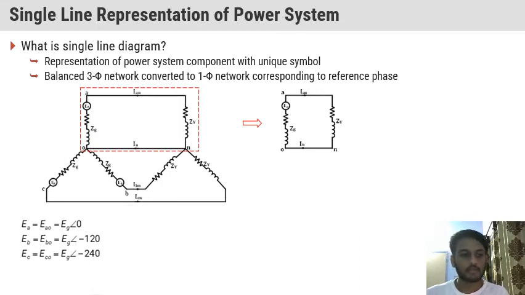The third component is our EC. EC is equal to EC0, which is EG at an angle of minus 240 degrees.